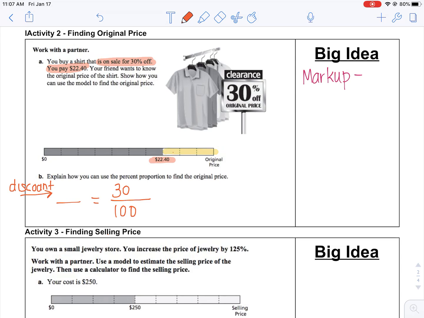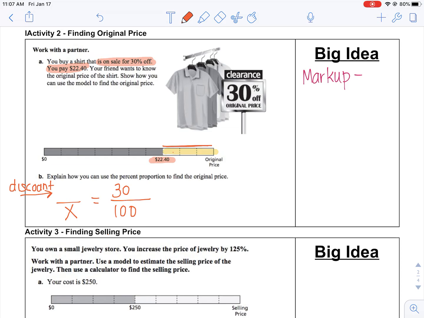That's this yellow piece right here. How could we use the model to figure that out? Because we also don't know the original price. So the original price has to be our X, which was our total. How could I use the model? See if you can do that on your own. Pause the video.